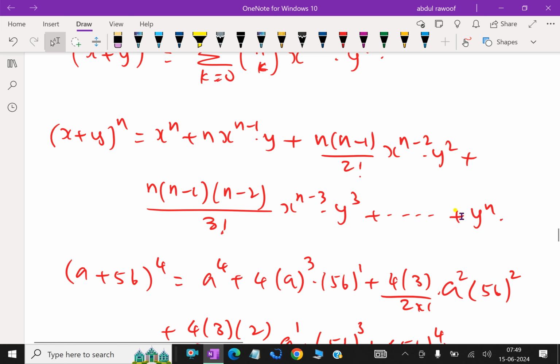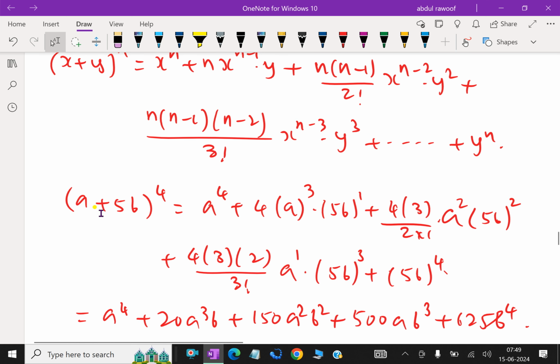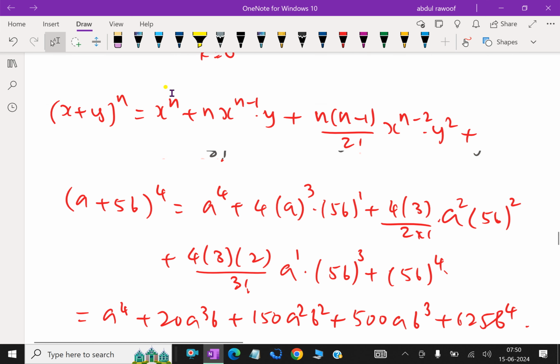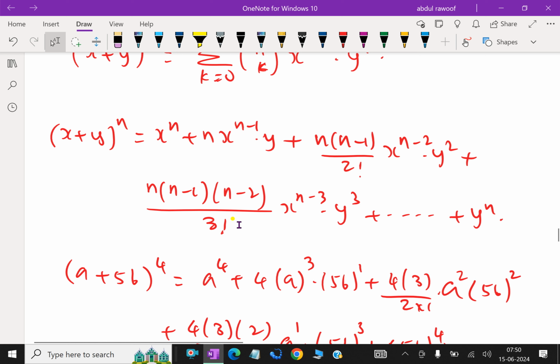Now, for example, expand (a plus 5b) whole power 4 by using binomial expansion. The first term is a, that is a power 4. Then the second term is 4, where n equals 4, into the first term a power 4 minus 1, that is 3, then the second term y, 5b power 1.